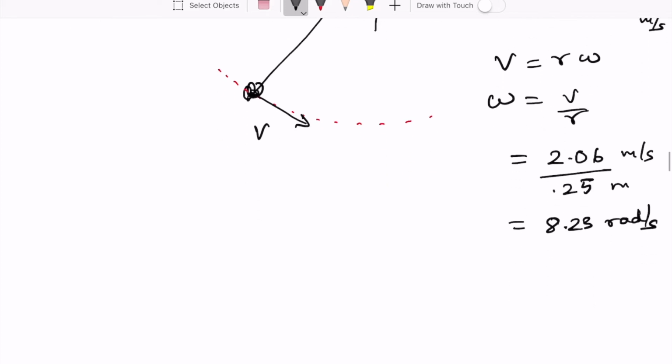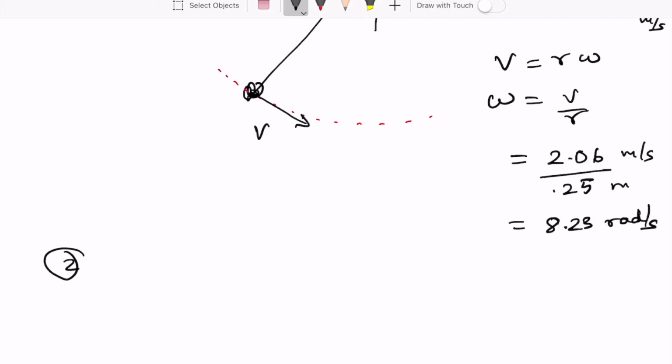So part two is asking for the bob's centripetal acceleration. How do you find the centripetal acceleration? You can just use the same formula that you've been using for a long time now.